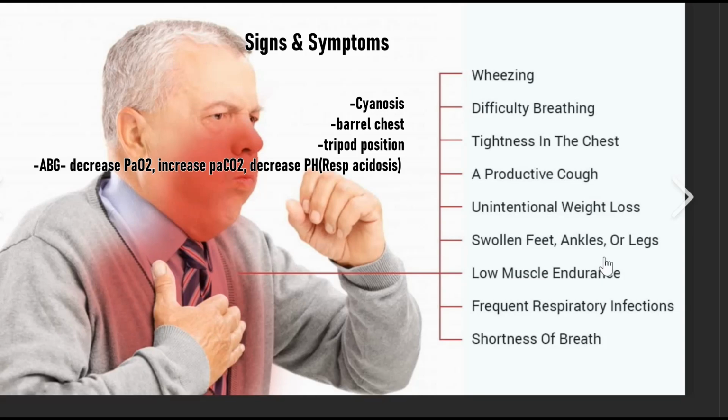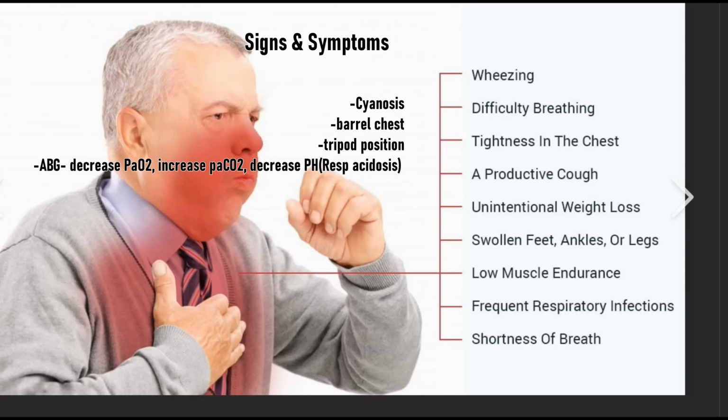Swelling of the feet, ankle, and leg is secondary to right side heart failure. There are frequent respiratory infections, and in ABG, you will see hypoxia, high carbon dioxide, and when there is high carbon dioxide, hypercapnia, the pH decreases, that is respiratory acidosis.